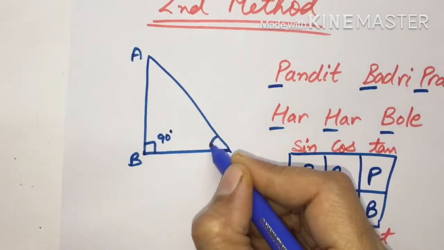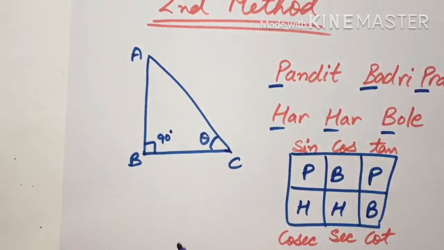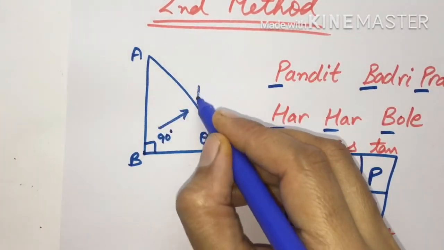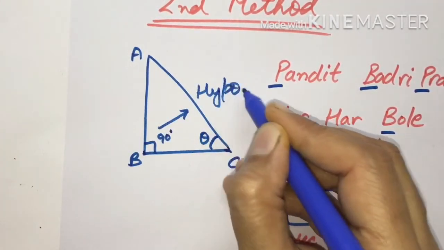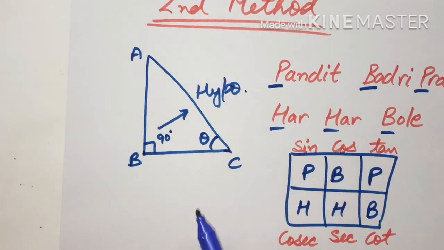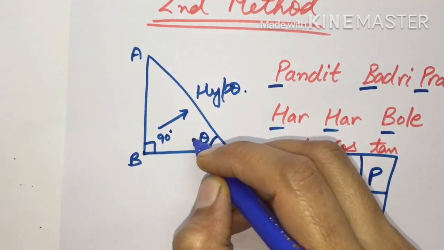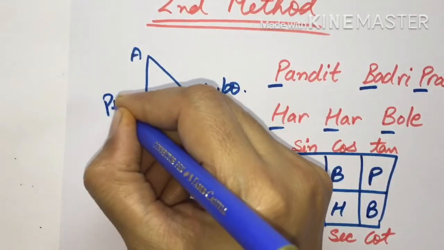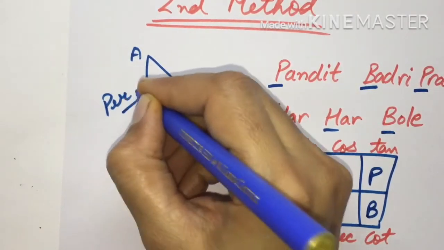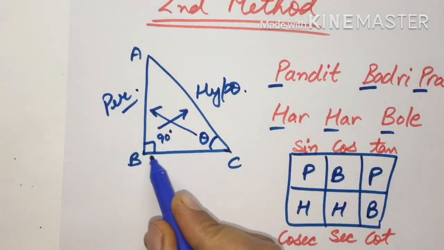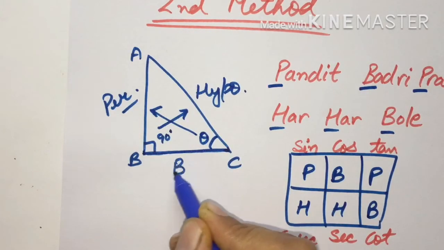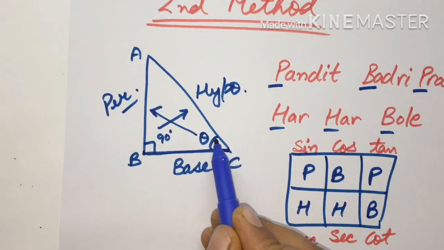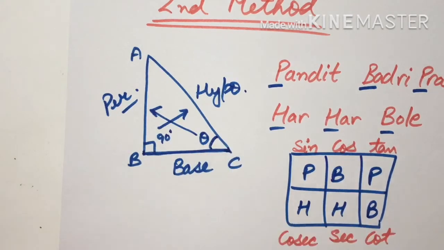If I take this angle C as theta, then opposite to 90 degrees is the hypotenuse. Opposite to the reference angle theta is the perpendicular, and the side along with the reference angle is the base.